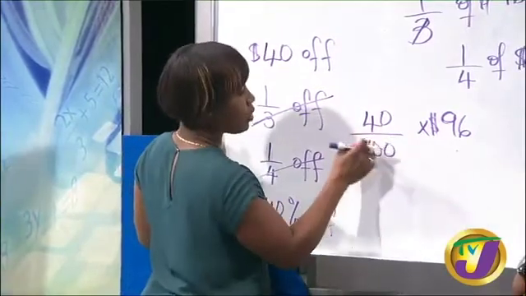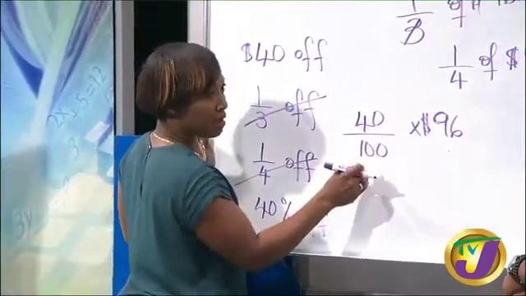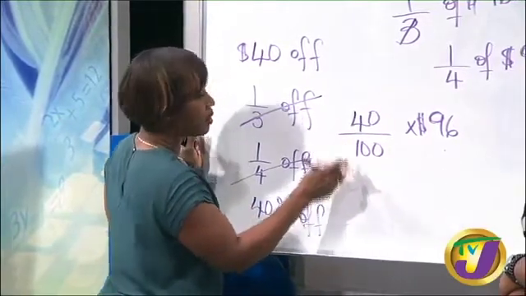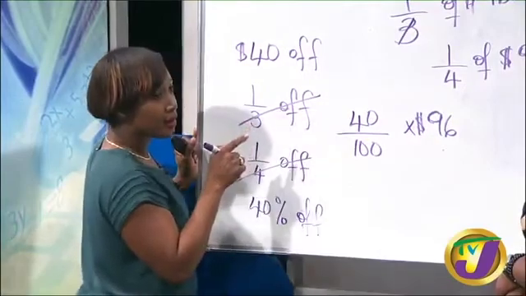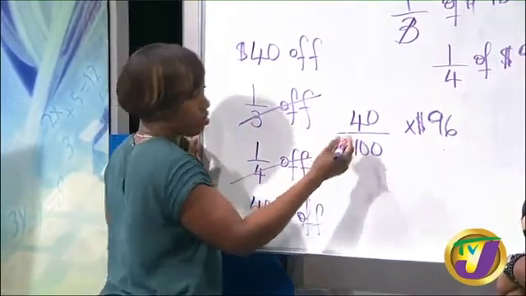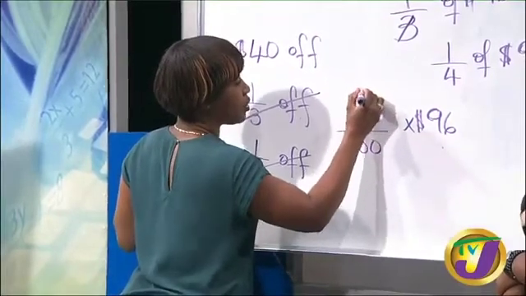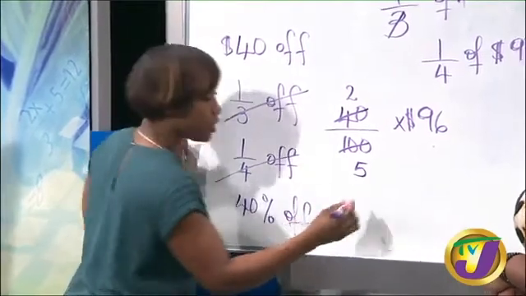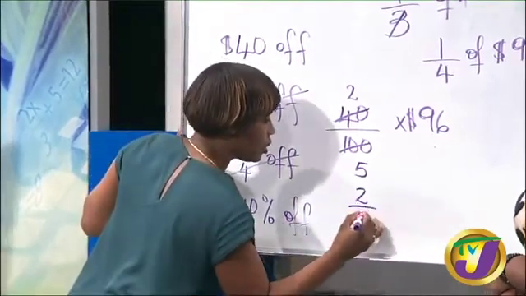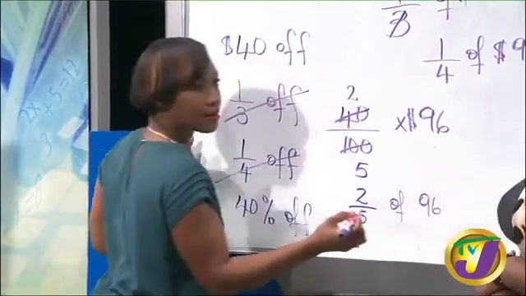I'm going to write an equivalent fraction for this that has smaller values in the numerator and the denominator. So let me look for a factor. 20 seems to be the highest common factor here. I could start with 5 or 2 though, but I'm going to use the highest common factor, which is 20. So 20 into 40 goes 2 times, 20 into 100 goes 5 times. So pretty much I'm trying to figure out what is 2/5 of $96.